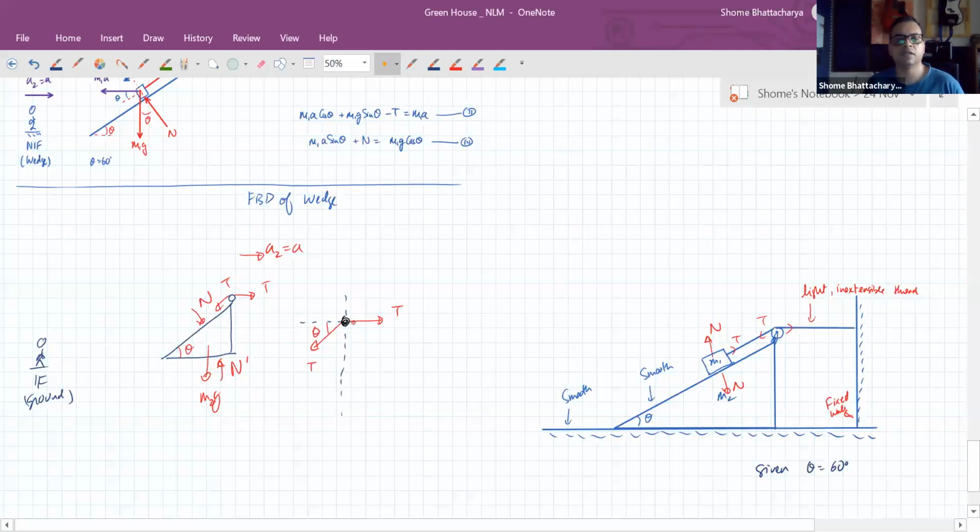The normal reaction will act like this on it, perpendicular to the tension. Okay. And then of course there is the weight of this thing, M2g, and the normal reaction from the ground, N prime, and it has an acceleration A.